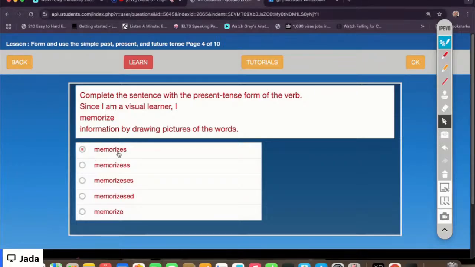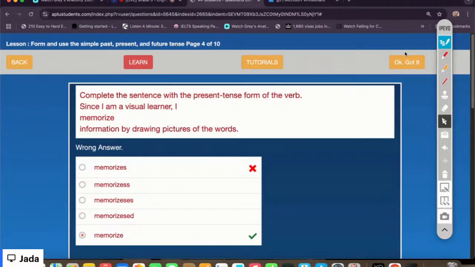So we have the first, memorize, present tense.